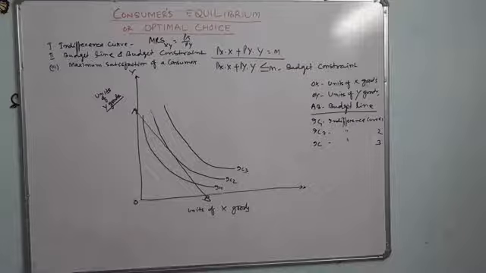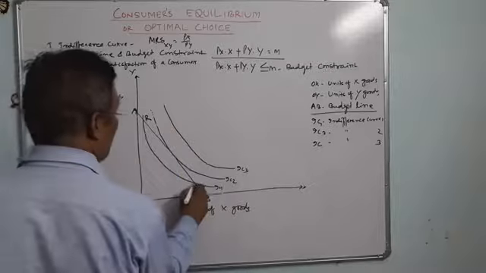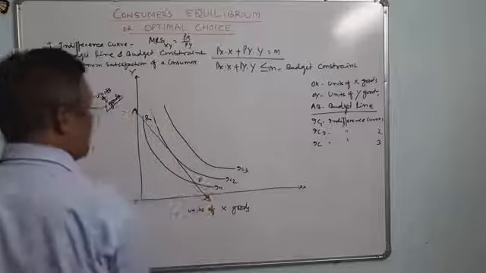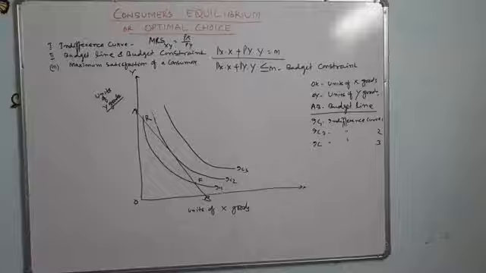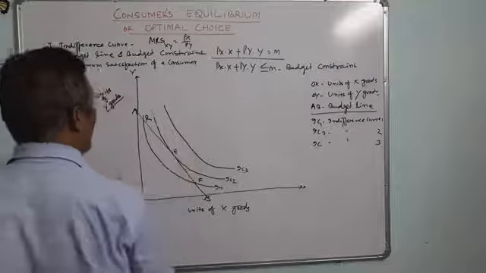The budget line intersects two indifference curves, IC1 and IC2. On IC1, this is point R and this is point F, and E is a point. I am giving it in the center. E is the point.